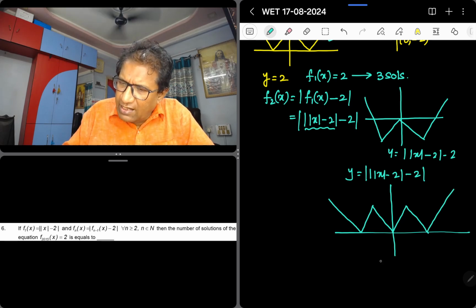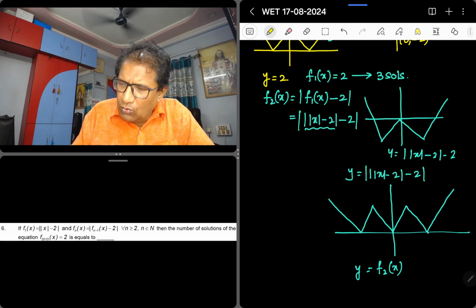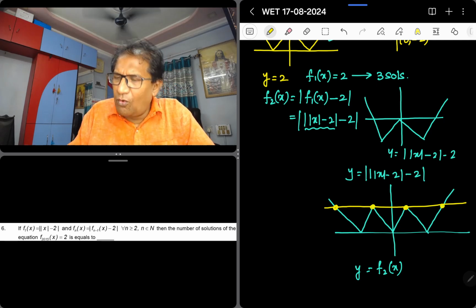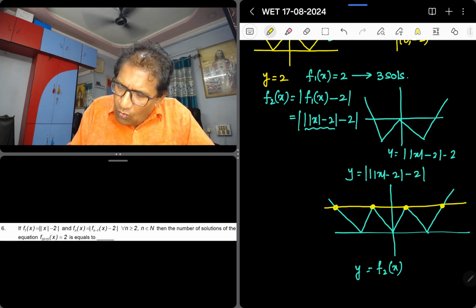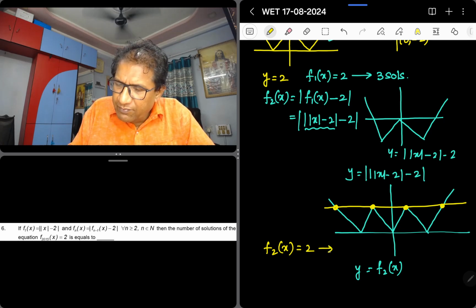Right? So this is the graph of y equals f2x. Now, if I draw the line y equals 2, we can easily see that it is intersecting the curve at 4 points. So, for f2x equals 2, we are having 4 solutions.